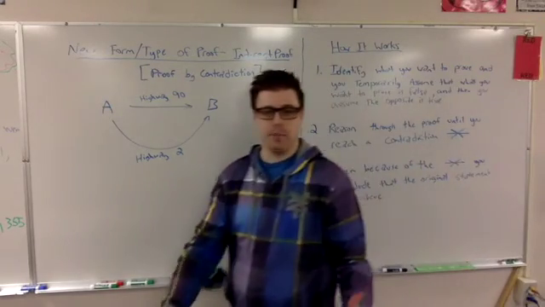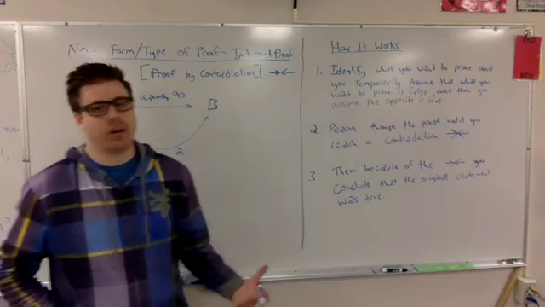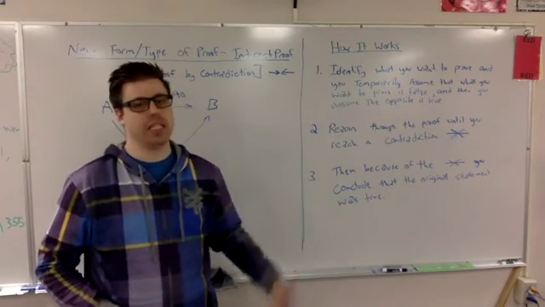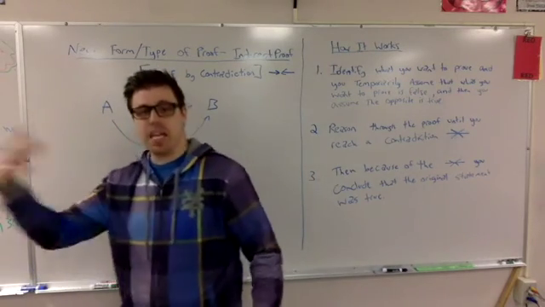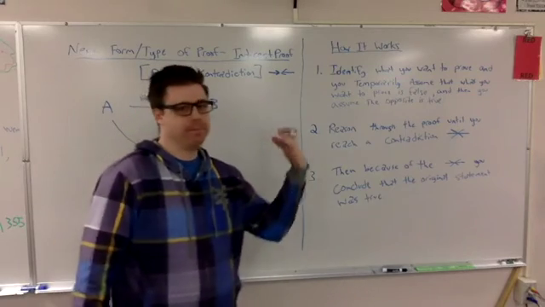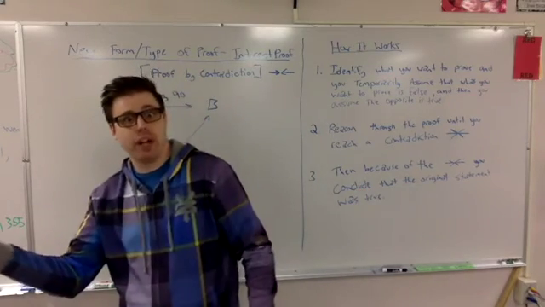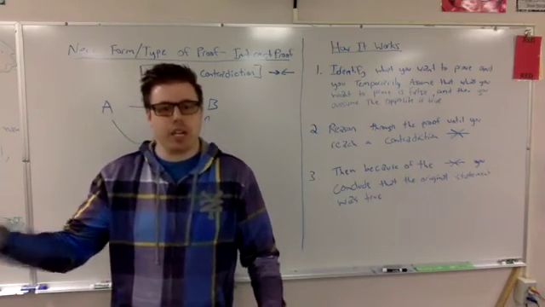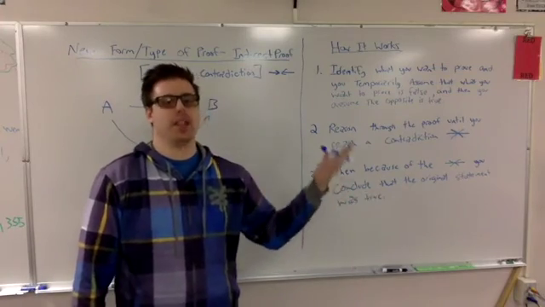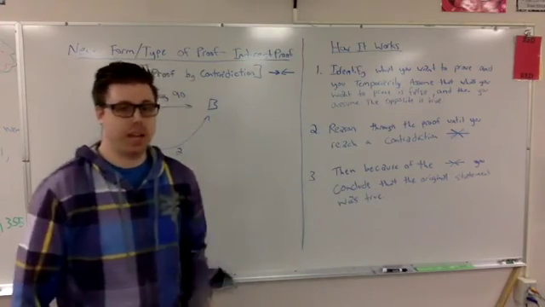So because of what happened with the contradiction, you say, oh, all right, then it has to have been the other thing. Because I assumed the opposite, and the opposite ended up coming up with a contradiction, you say, oh, yes, the original thing was true. So let's try this out.